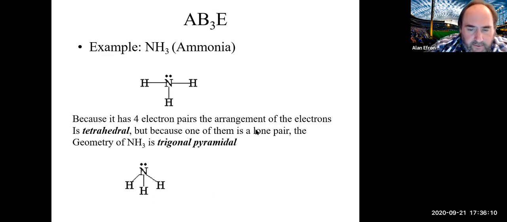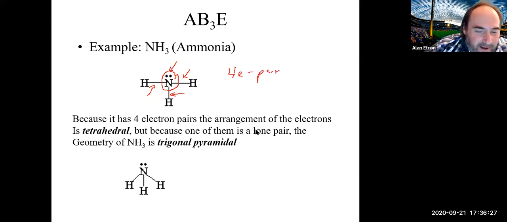Our central atom has one, two, three, and four electron pairs. In terms of bonds, it only has one bond, two bonds, and three bonds. So four electron pairs and three bonds.